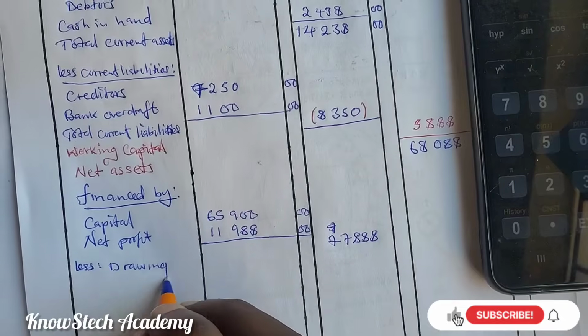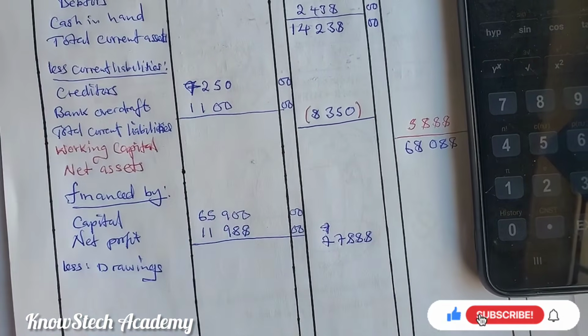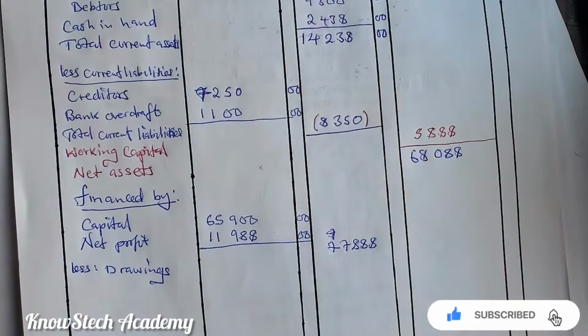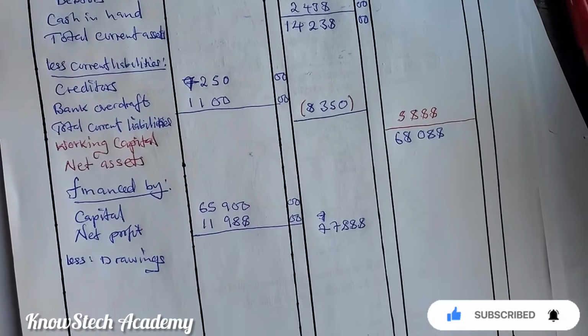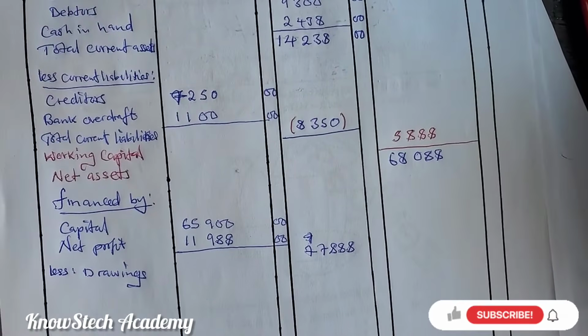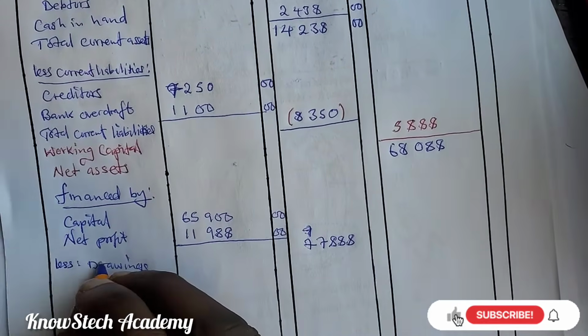What are drawings? Drawings, this is the money or items that are taken out of the business by the owner. Okay? It is a credit of the owner to the business.